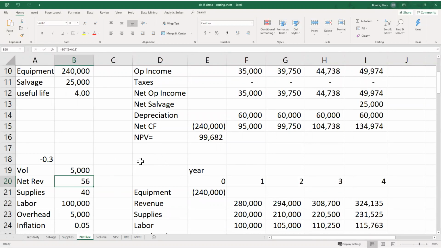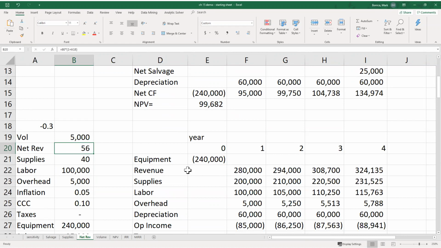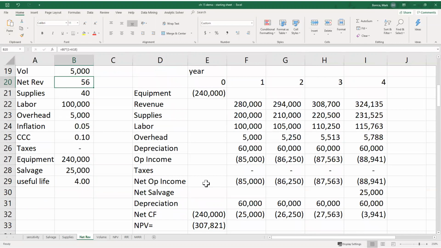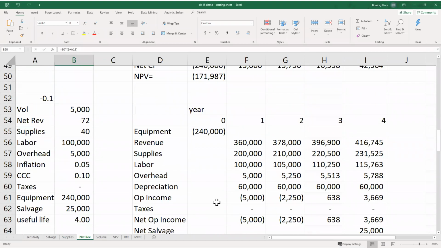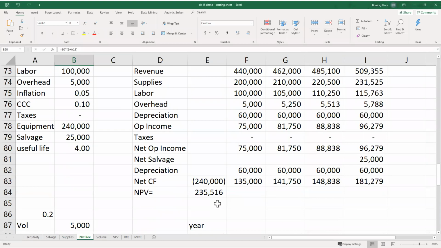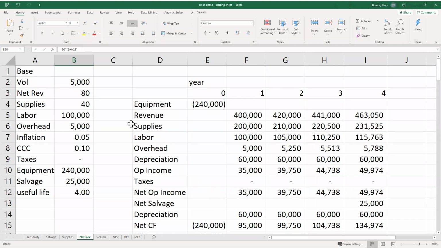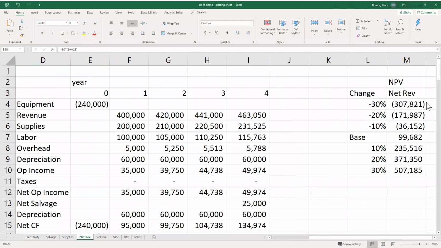The difference here was that because we're holding volume constant, we're only manipulating revenue, not supply. So supply stays the same, and volume stays the same, but the impact on our model is through net revenue instead. We did six variations, both positive and negative, only varying the net revenue number, holding everything else constant, and we did a summary over here for net revenue.